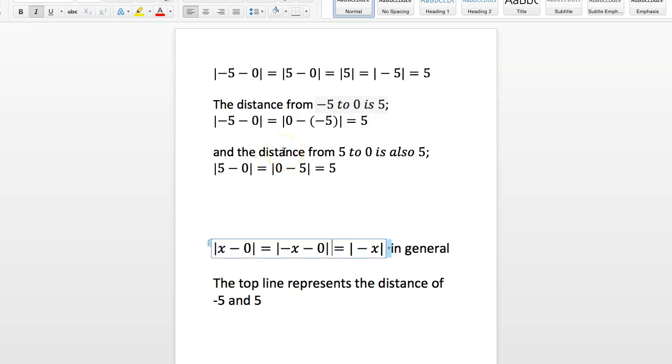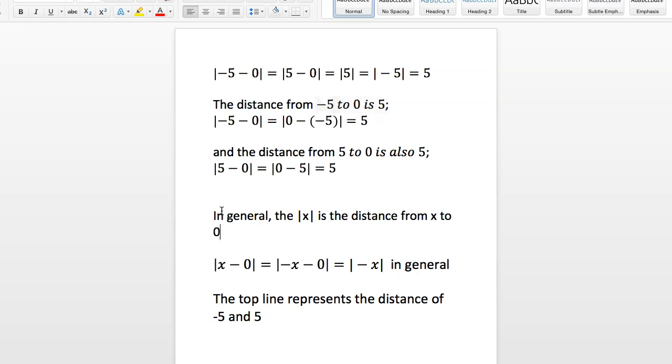So in general, the absolute value of x is the distance from x to 0 on the one-dimensional number line. Just the number line in 1D. The good old, kind of rather unexciting number line.